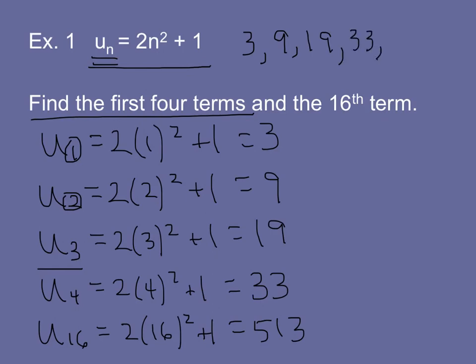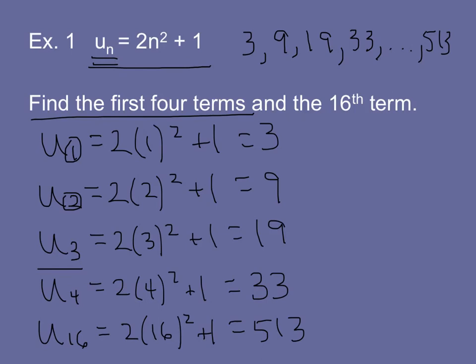I don't want to list 513 next because then it would show as the fifth term. So I could put ... and then 513, meaning that it comes later on in the sequence. So again, that's an example of using a formula for finding individual terms.